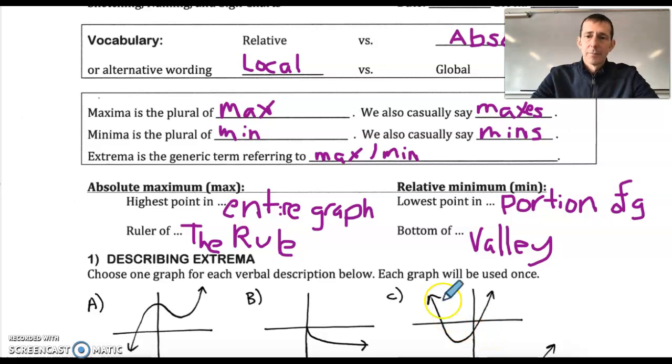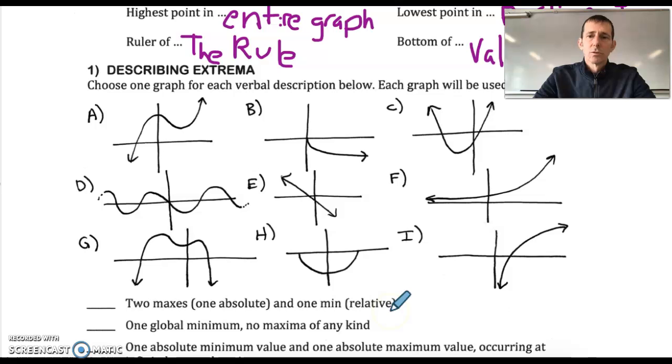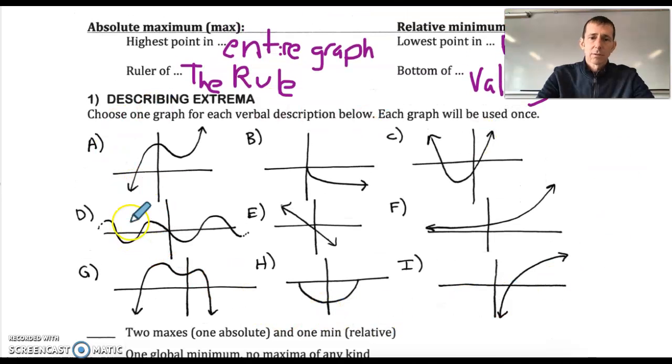And a relative max would be the highest point in a portion of the graph. This would be a relative max and this would be a relative min, because they are not the overall highest or lowest point in the whole graph.